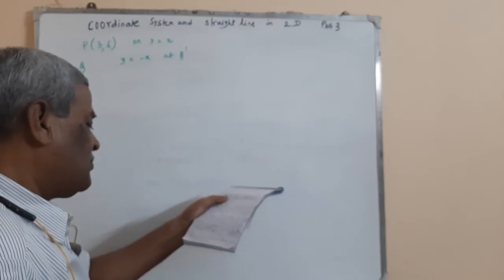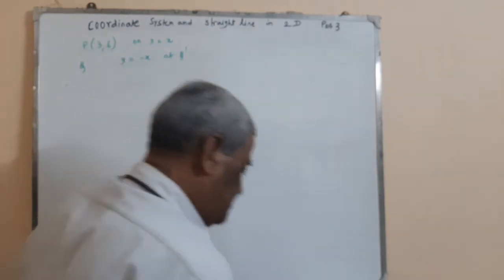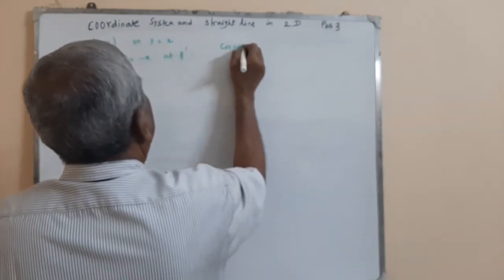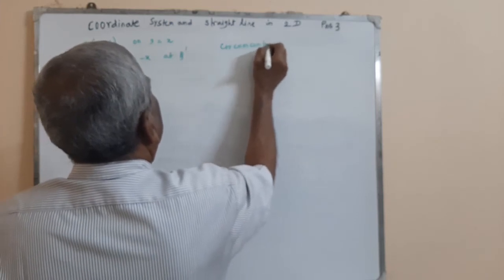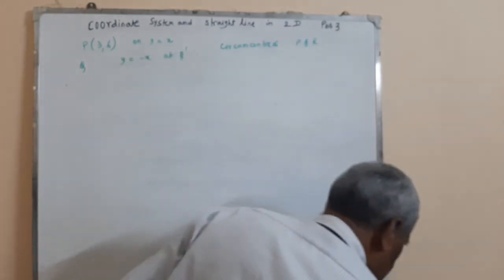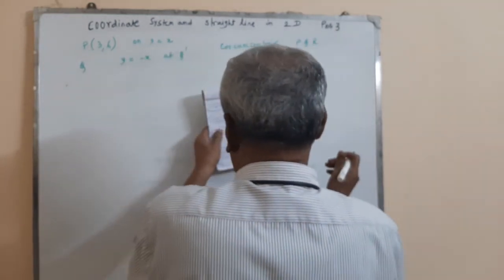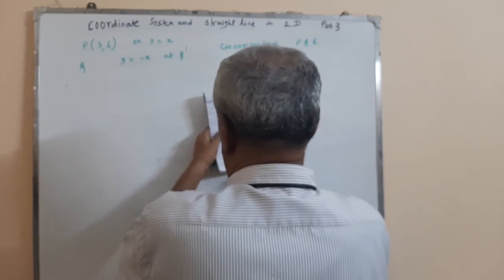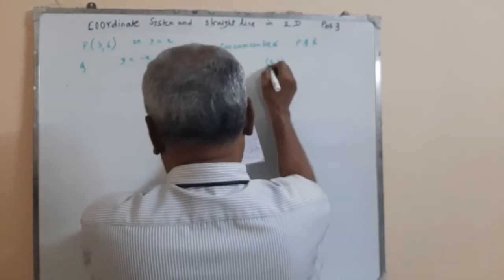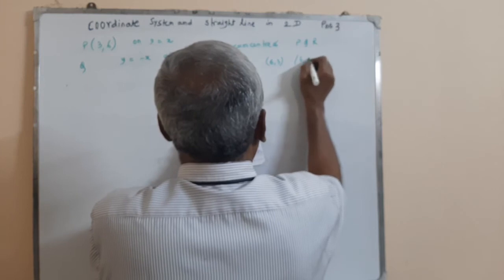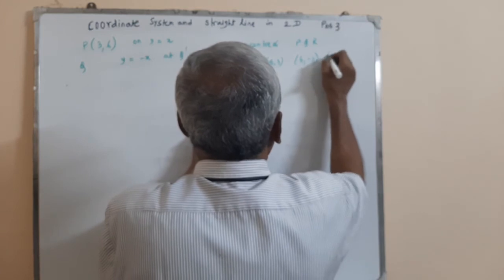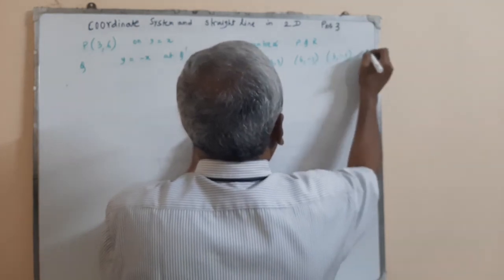Then the circumcenter of the triangle PQR is, options: (6, 3), (6, minus 3), (3, minus 6) and (0, 0).